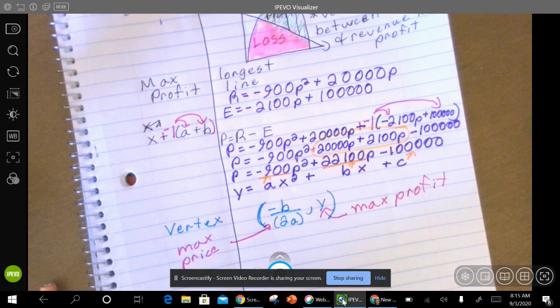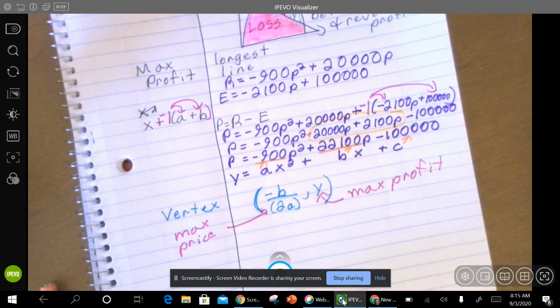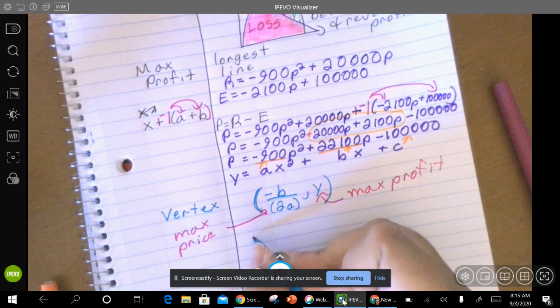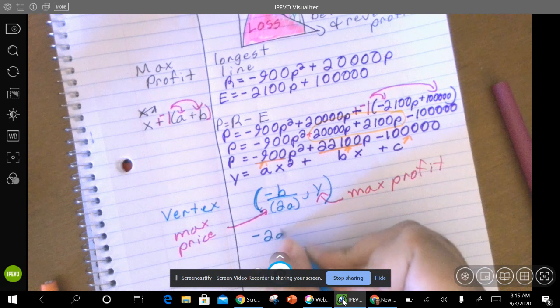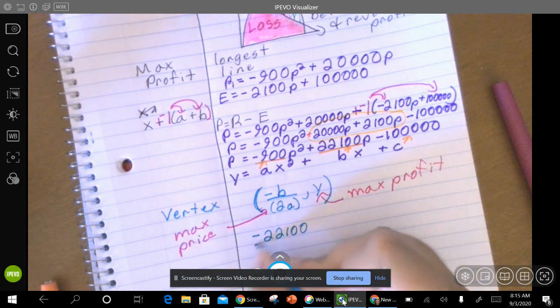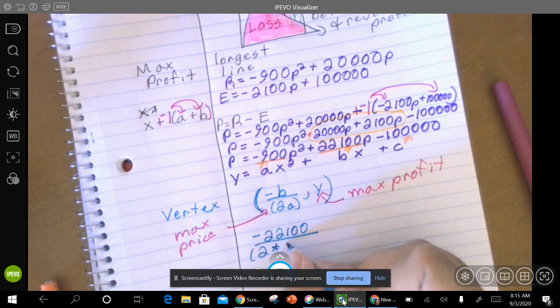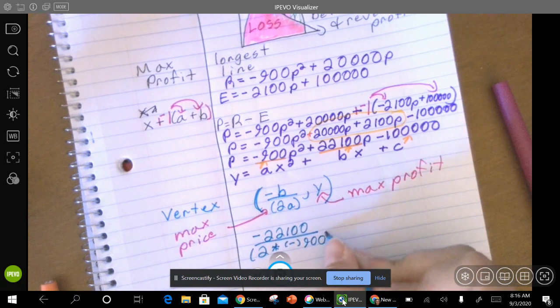Okay, so we're going to go ahead and substitute them in. So I substitute in for b, negative 22,100 all over 2 times, using the calculator, the negative sign, negative 900.